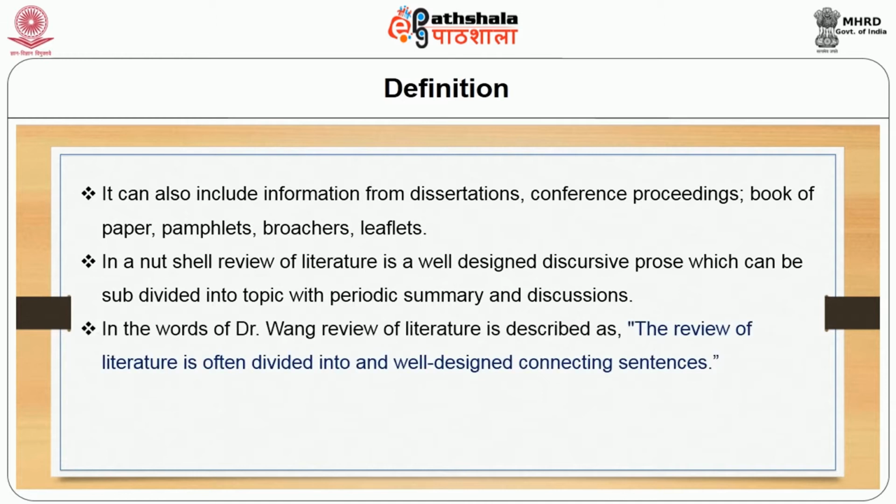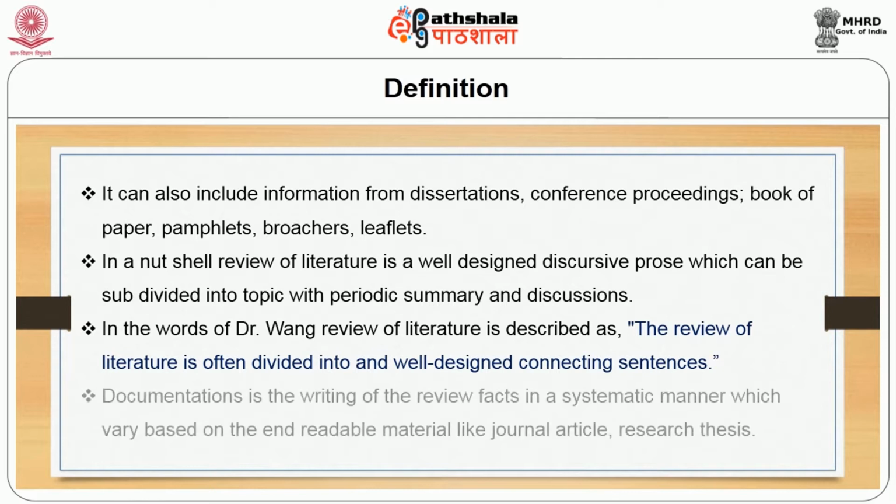In the words of Dr. Werg, review of literature is often divided into well-designed connecting sentences. Documentation is the writing of the review facts in a systematic manner which varies based on the readable material like journals, articles and research theses.